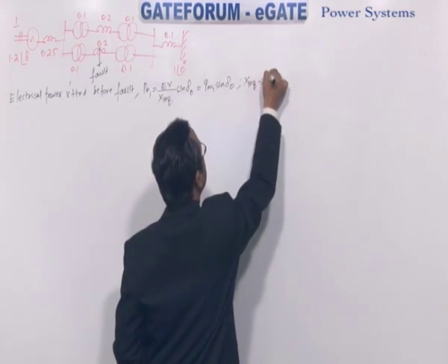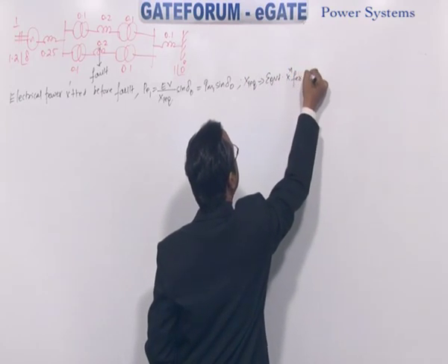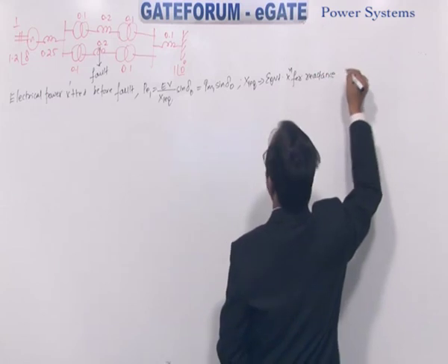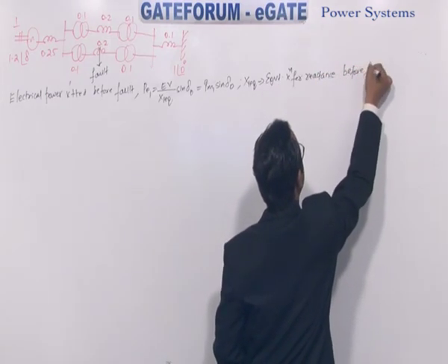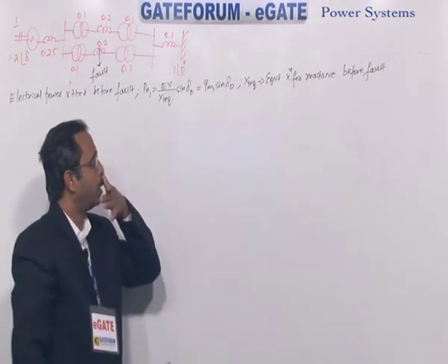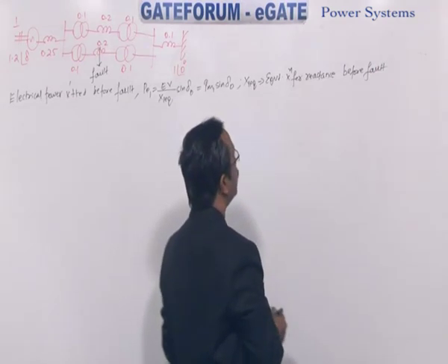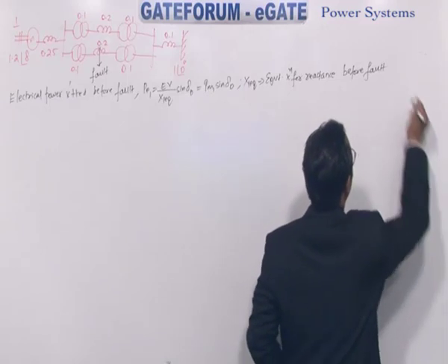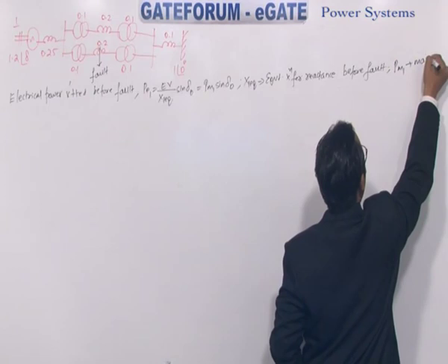X1 equivalent is the equivalent transfer reactance before fault. And PM1 is the maximum power transmitted before fault.